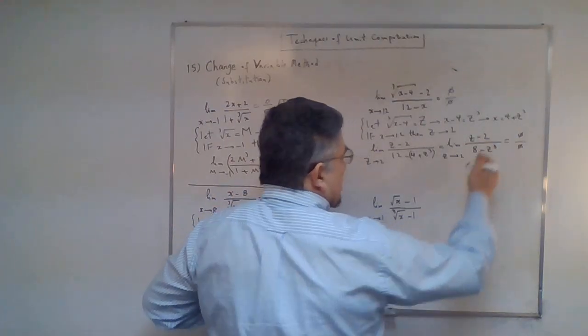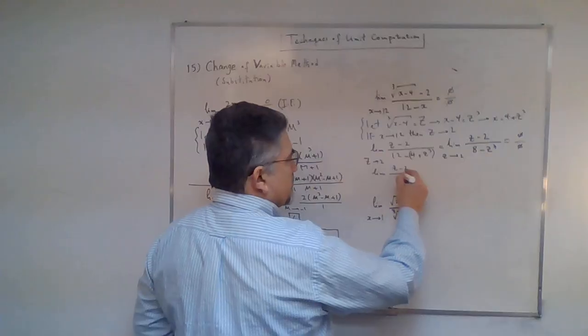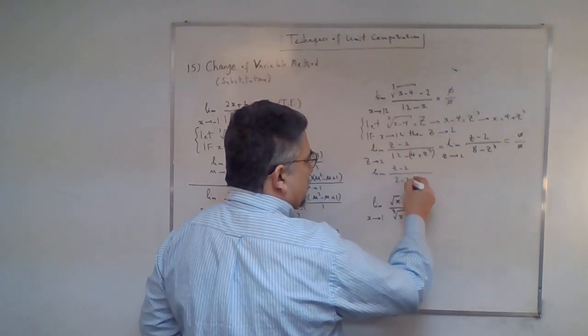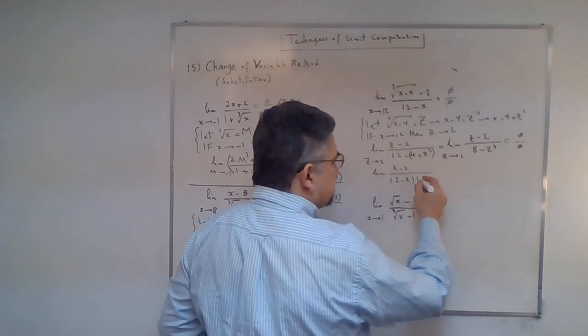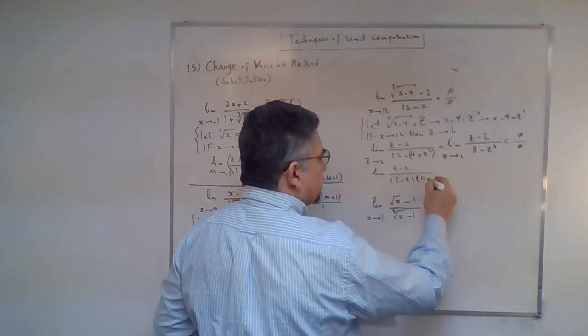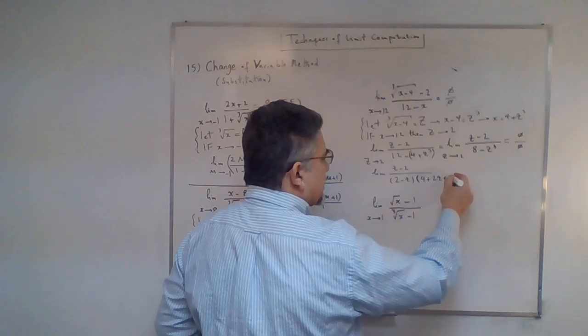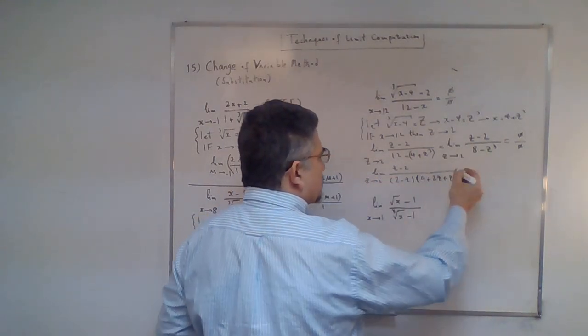Okay, so to continue, we're going to say this is limit of z minus 2. In the bottom, we have 2 minus z using the difference of cubes identity. We're going to factor it. It's going to be 4 plus 2z plus z squared, okay, when z approaches 2.